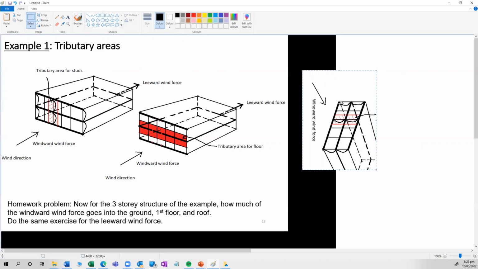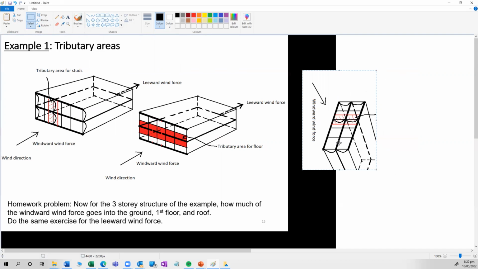Imagine this is a floor, and they're being deflected, simply supported between the ground, the first floor diaphragm, and the roof diaphragm, and you can see those studs deflecting. You can see the wall deflecting, and what comprises the wall? It's the studs, and the tributary area of the studs is the shaded red area.